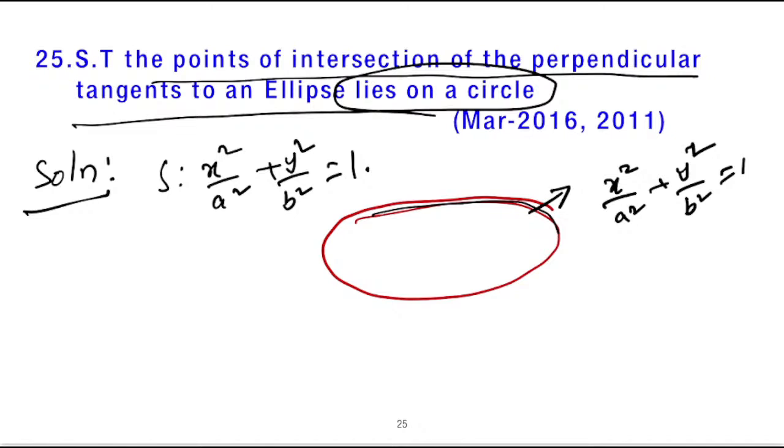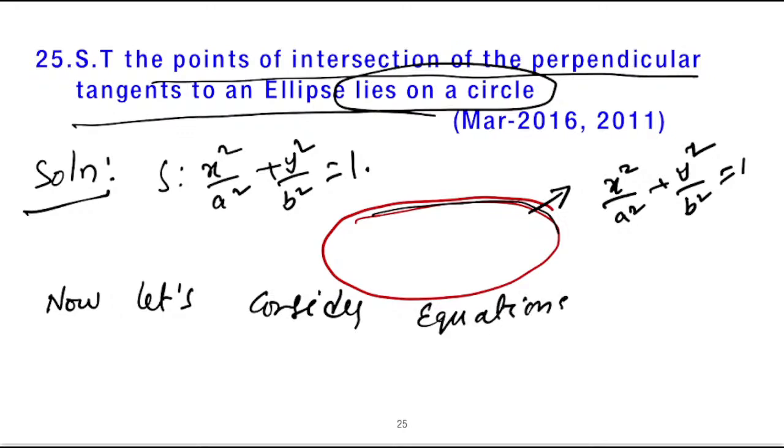Now what I am taking is, now let us consider equations of tangents. What is that? That we can take it as, ఇంతకుముందు నేర్చుకున్నాం కదా, y is equal to mx plus c is a tangent.